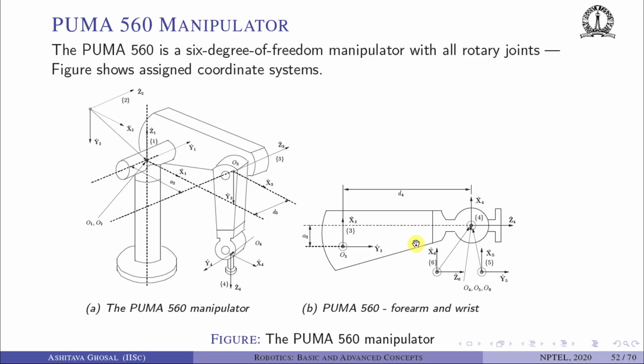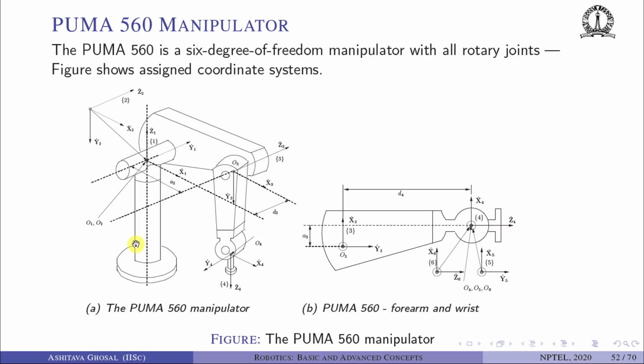Let's take a spatial robot. The previous example was a planar 3R robot. This is the very well-known Puma 560 manipulator. It's a 6 degree of freedom manipulator with all rotary joints. So the first thing is we need to assign the coordinate axes.